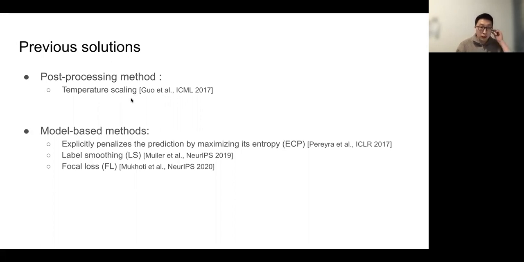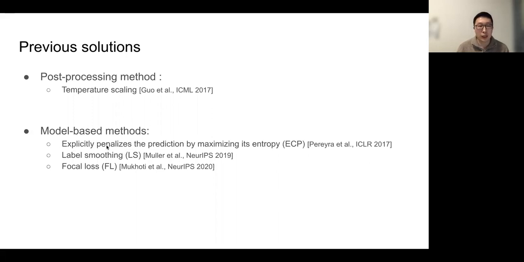This method is working well, but it's highly sensitive to the validation set, and it cannot handle the situation of out of distribution, or called domain shift. Another family of methods is called model-based method. In this method, it tries to improve the training objective.